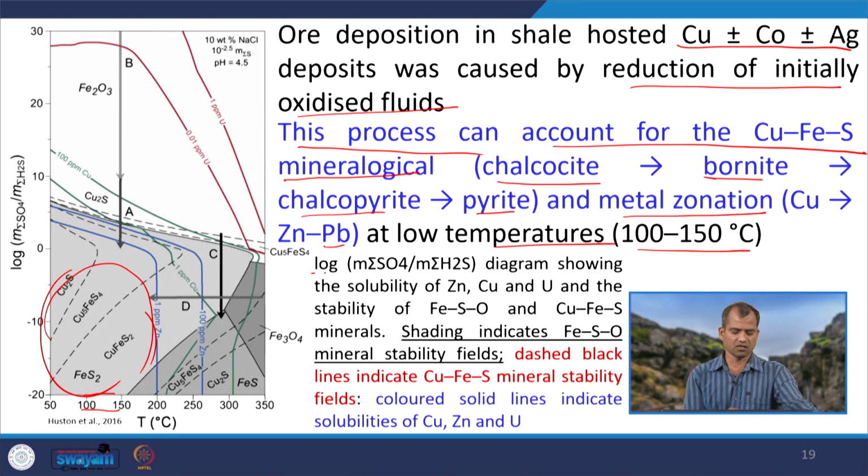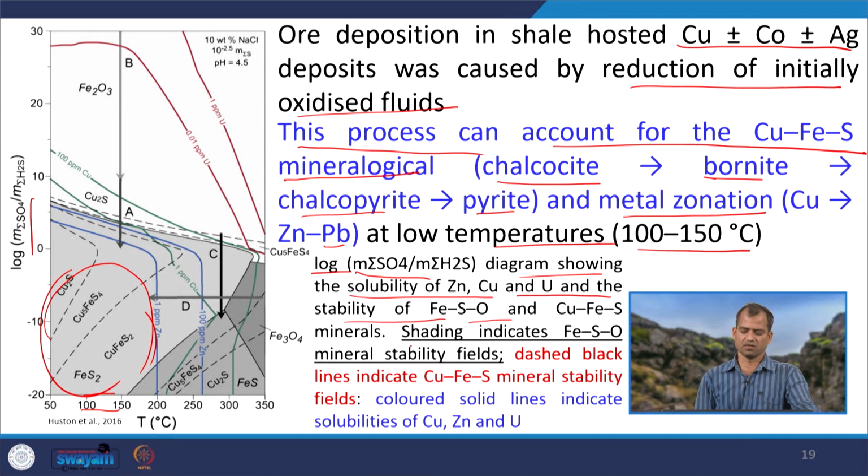Here the log of H2S and SO4 diagrams are shown, and this diagram shows the solubility of Zn, copper and uranium and the stability of FeSO. This shading indicates the FeSO mineral stability field, the dashed black line indicates the copper Fe-S mineral stability field, and the colored solid lines indicate the solubility of copper, Zn and uranium.